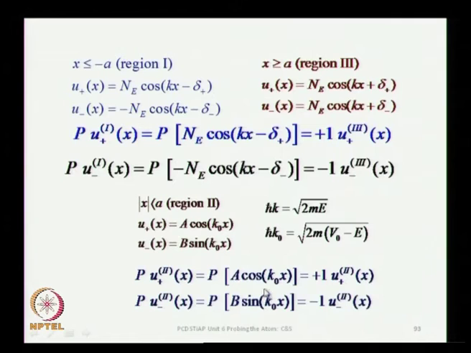For region 2 also I have given the wave functions over here, but they do not appear very much in our discussion because you are going to see only what is happening in the asymptotic regions, which is where the electron gun is or where the detectors are, because that is what is most important to the experiment.